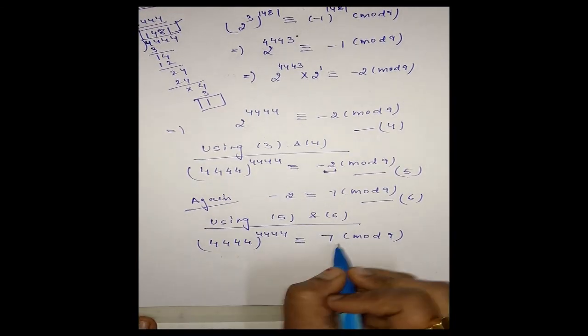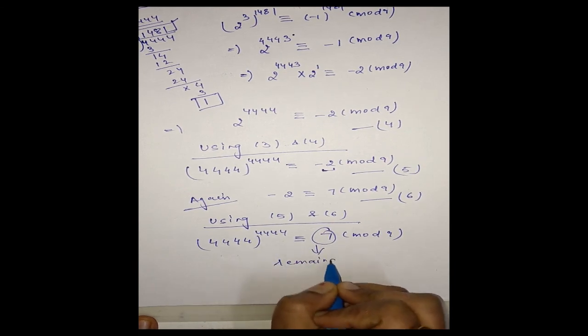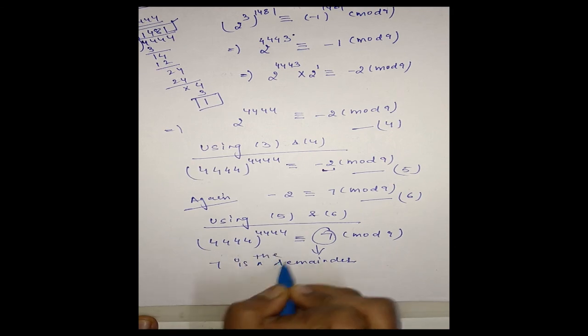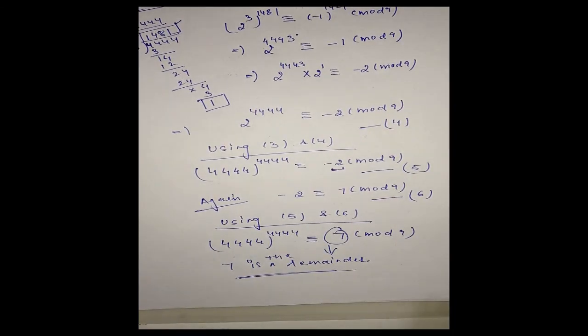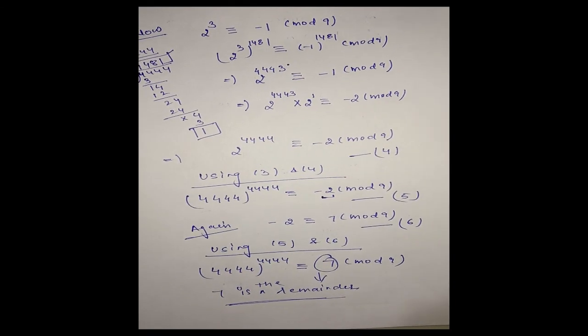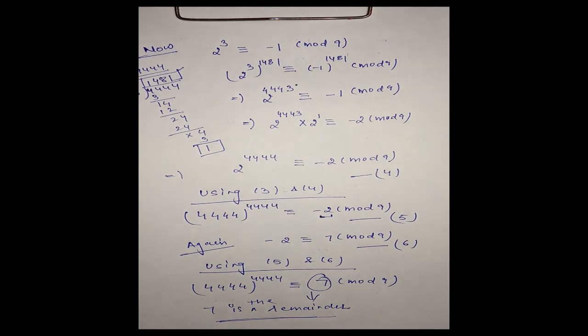That means 7 is the remainder. This is how we have to follow the steps in order to find the remainder.